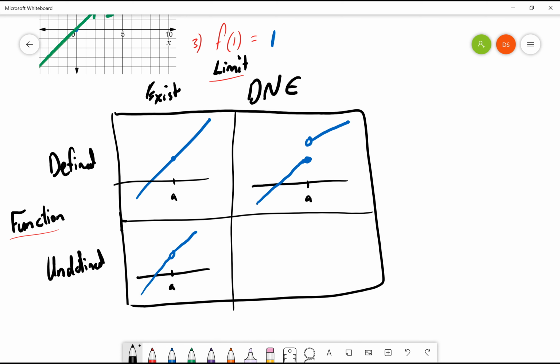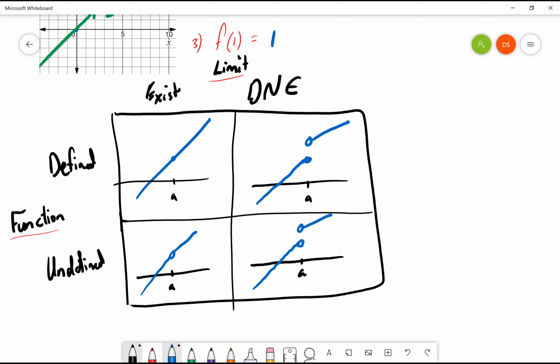Now let's look at a function that is undefined at a point, and the limit doesn't exist at that point. Draw my A, and I'm going to draw a hole here, and a hole here. And so there's no colored in blue bit, and so it's not defined.